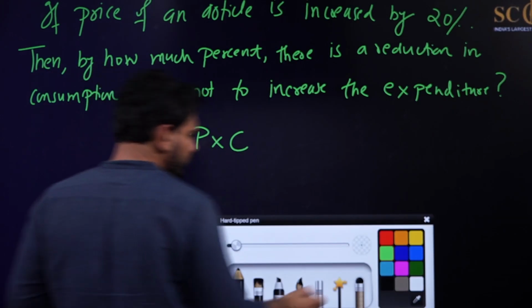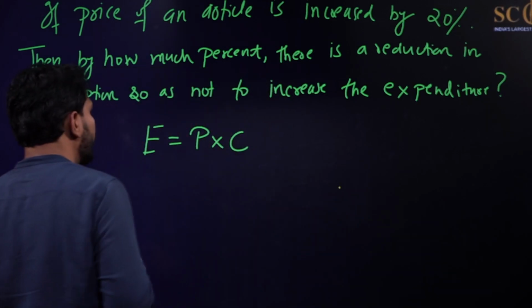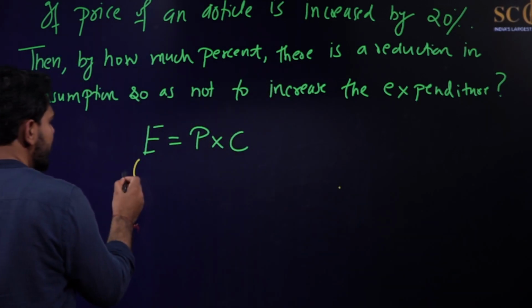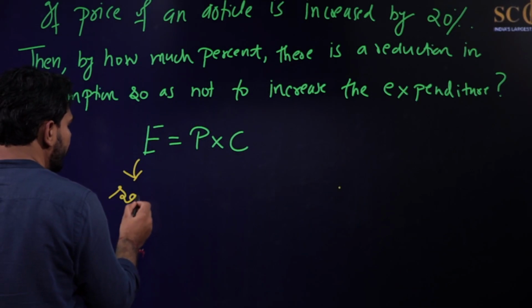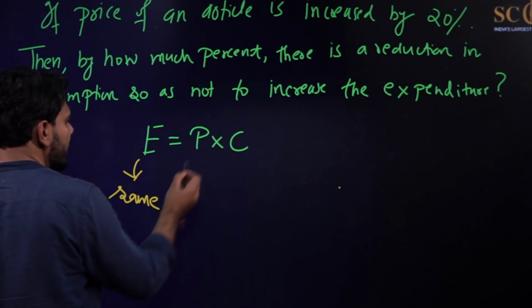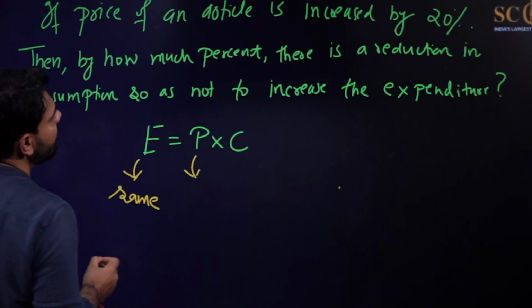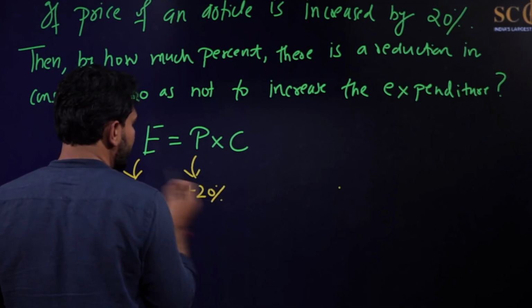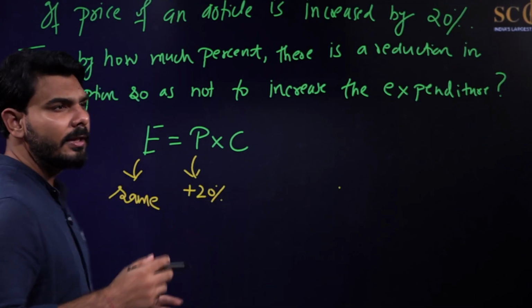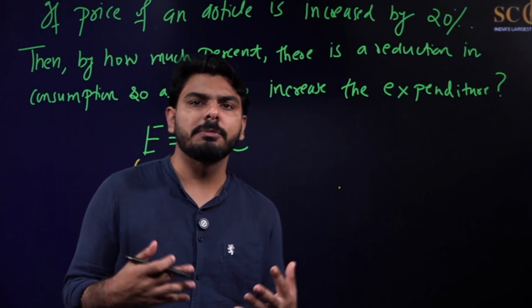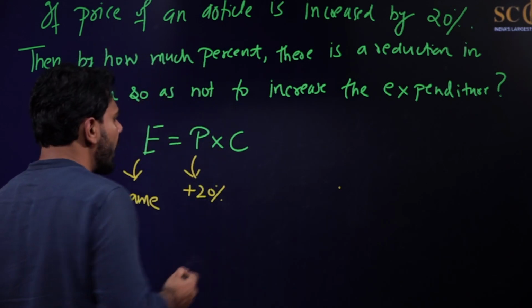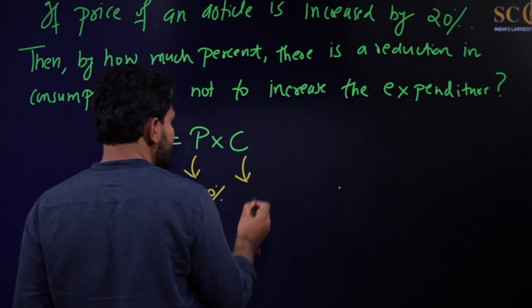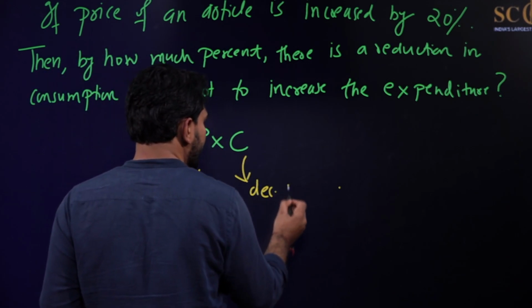In this case, expenditure stays the same, it will not be increased or decreased. Price will be increased by 20%. So the question is, how much reduction in consumption? Consumption will be reduced by how much percent?